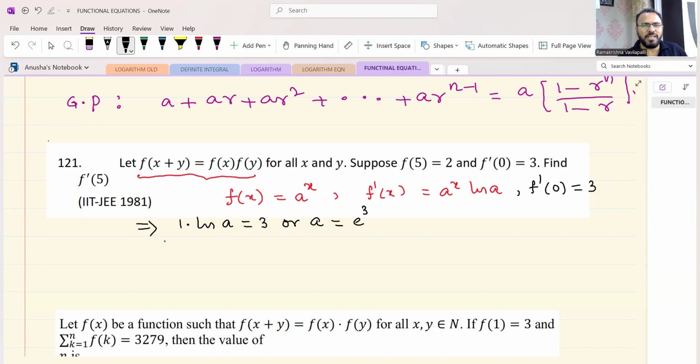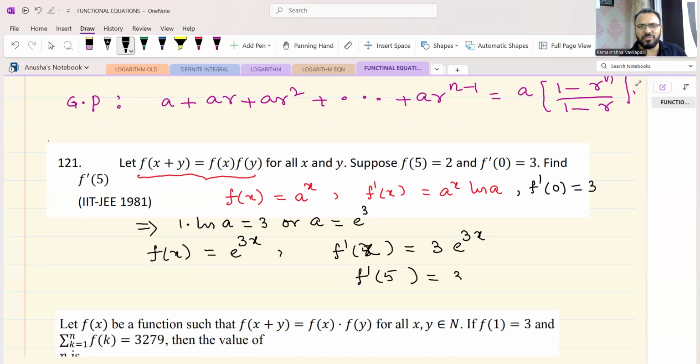Therefore, what is f of x now? f of x equal to e to the power of 3x. So what is f dash of 5? f dash of x equal to 3 into e to the power of 3x, and f dash of 5 is equal to 3 into e to the power of 15.